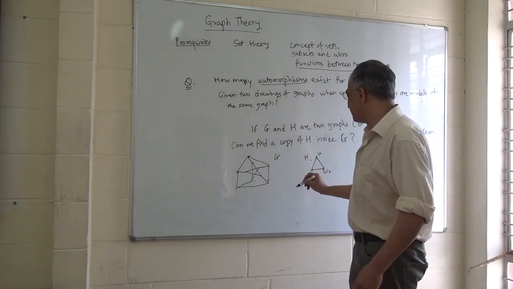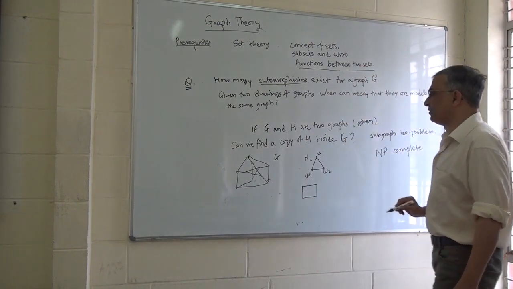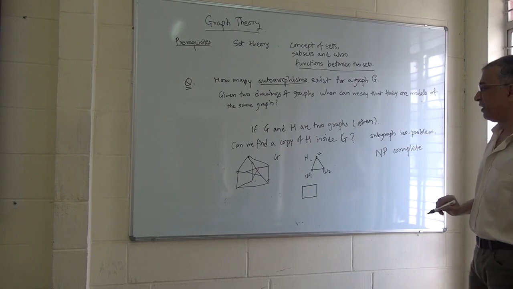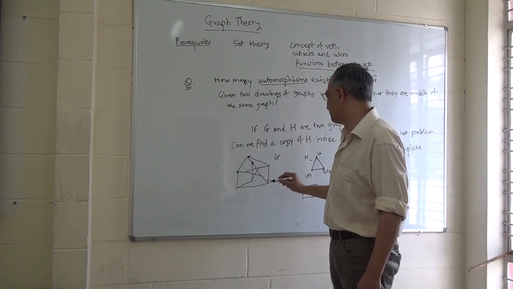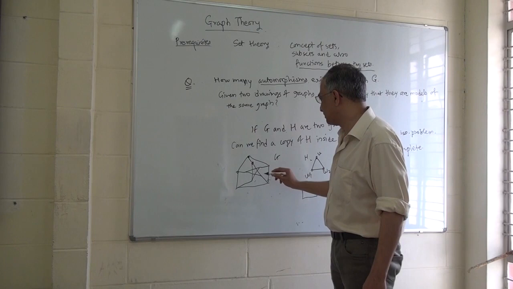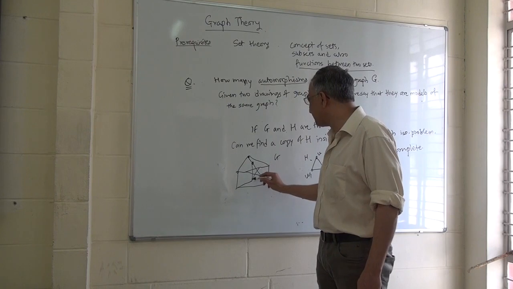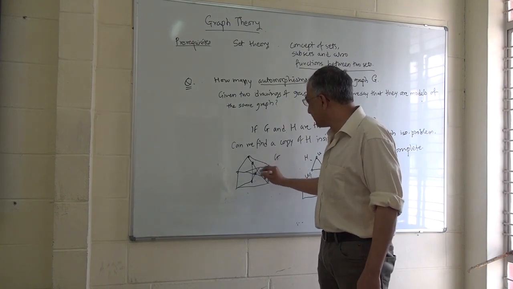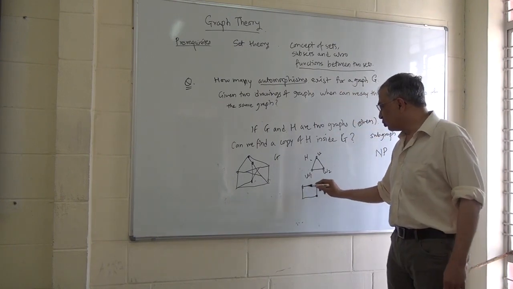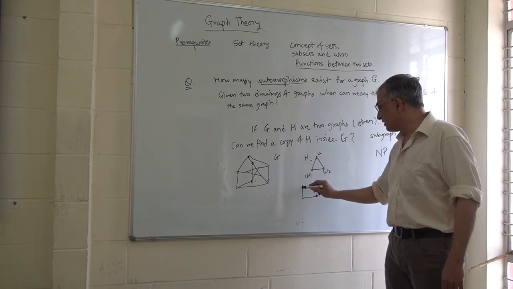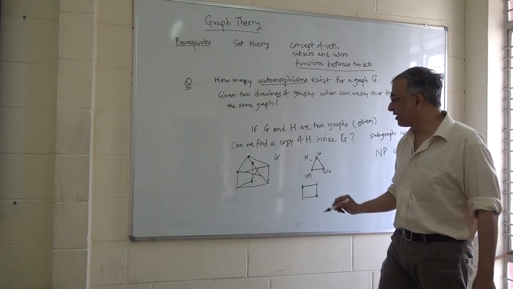However, if you look at a square, then what do you see? Is the answer positive? Because this is 1, 2, no. The answer is still negative, because again there is no common neighbor. In a rectangle, two vertices which are not neighbors will have two common neighbors, whereas that cannot happen here.